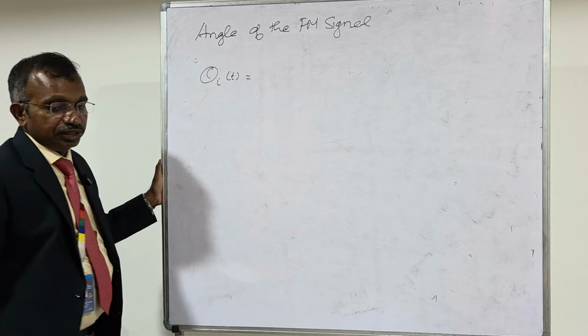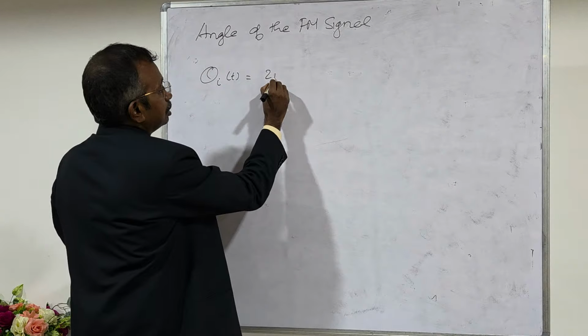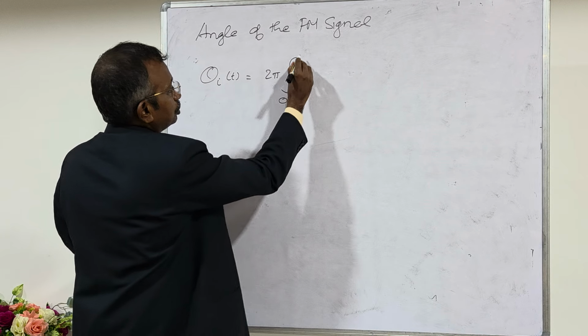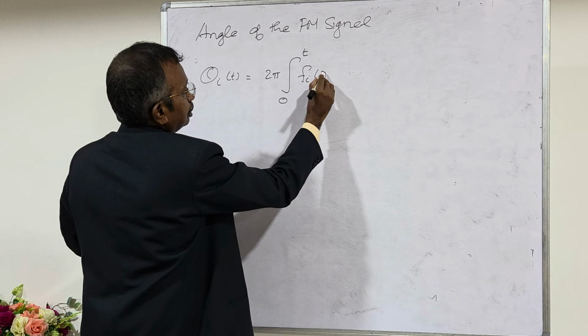Theta i of t is equal to 2 pi integral 0 to t f i of t into dt.